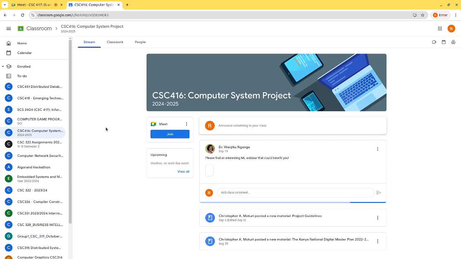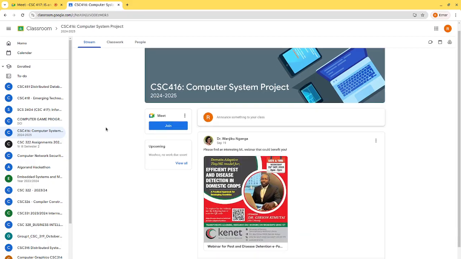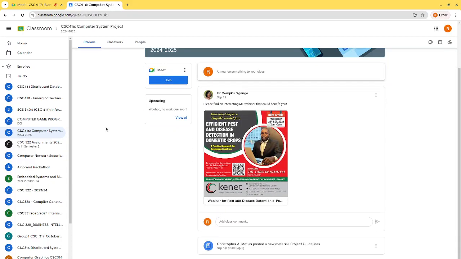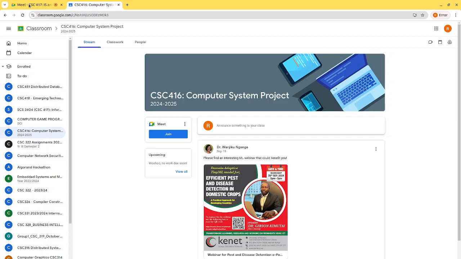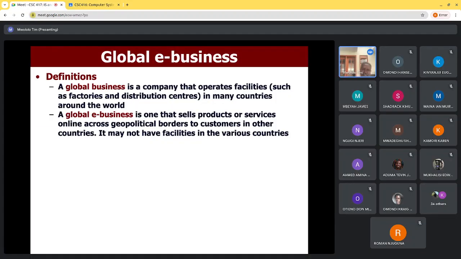So when you put the E in front of the business, then as somebody guessed, it is basically online. You're conducting that business online. But of course, you can't achieve everything online. The last mile probably is not online.